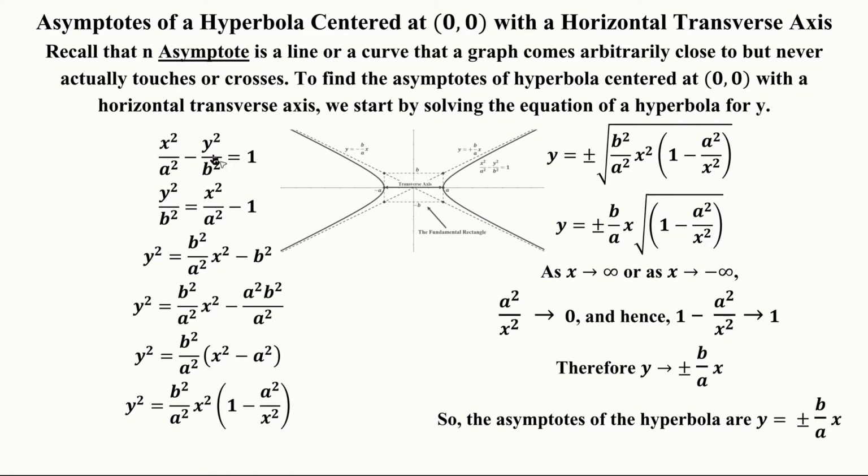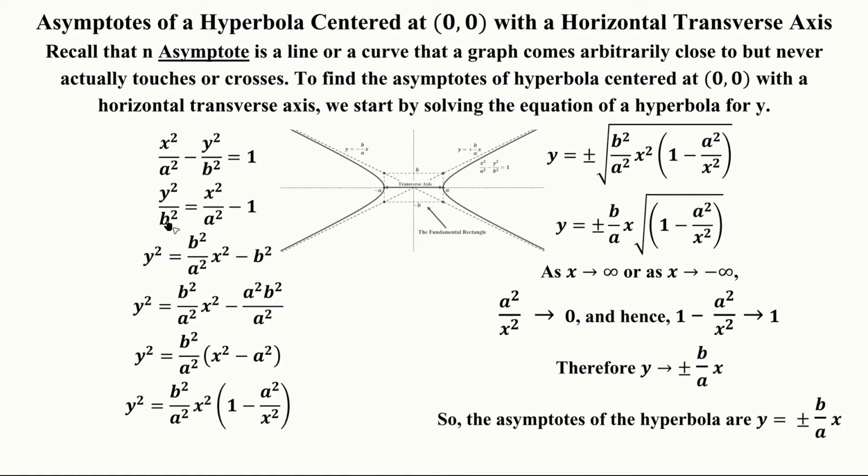We go ahead and solve this equation for y by starting in this way. We'll go ahead and basically isolate the y squared over b squared term. We end up with y squared over b squared equals x squared over a squared minus 1. So if we do a little bit of algebra before we end up taking square roots, life will become easier.